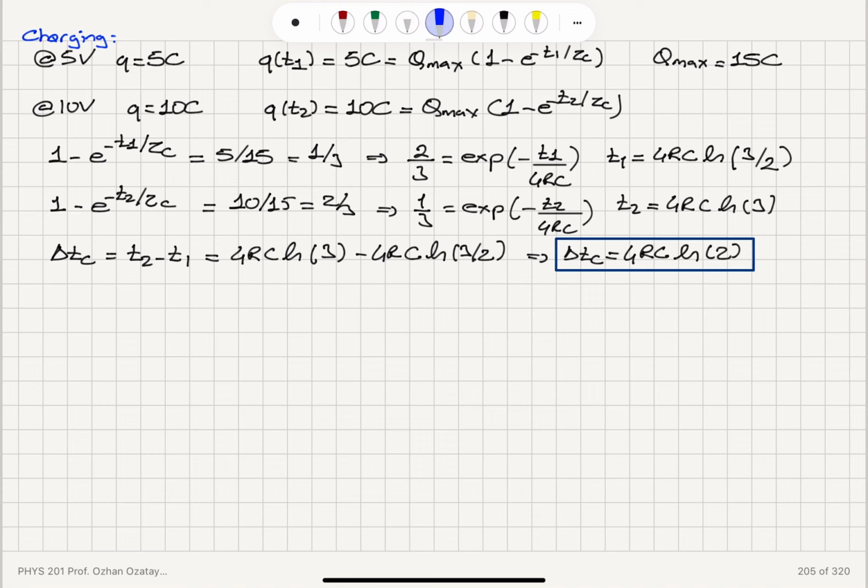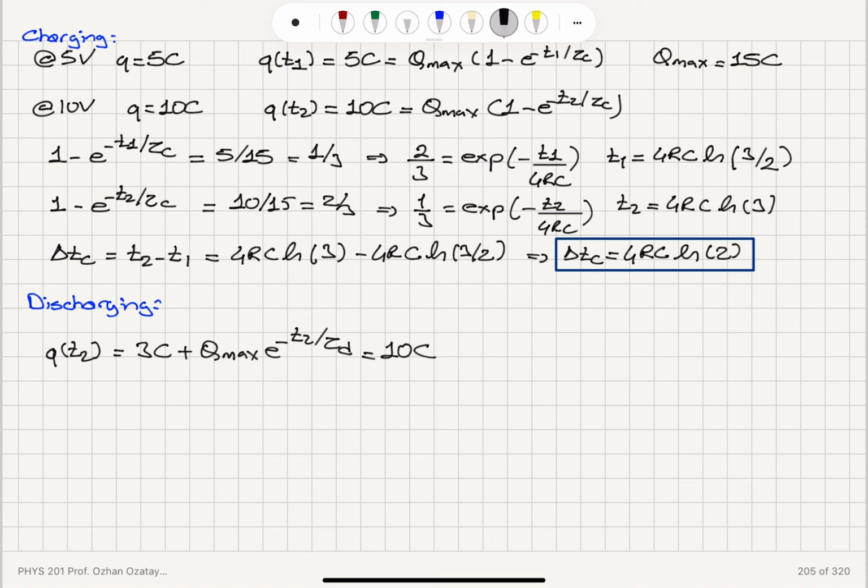Now let me concentrate on the discharging process. During the discharge, I have the charge at time T2, which is 3C plus Qmax e to the minus T2 divided by the discharge time constant, equal to 10C.